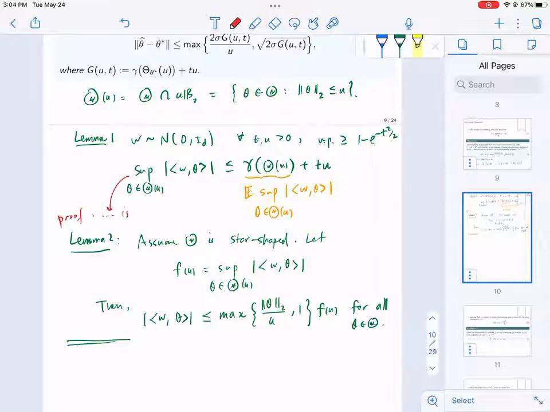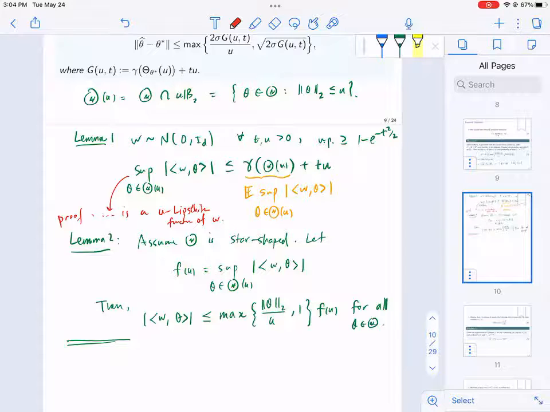This is a u-Lipschitz function of W. The fact that this is restricted to a ball of radius u makes it u-Lipschitz. Just prove it for yourself. You take W and W prime, call this f of W, and look at f of W prime.